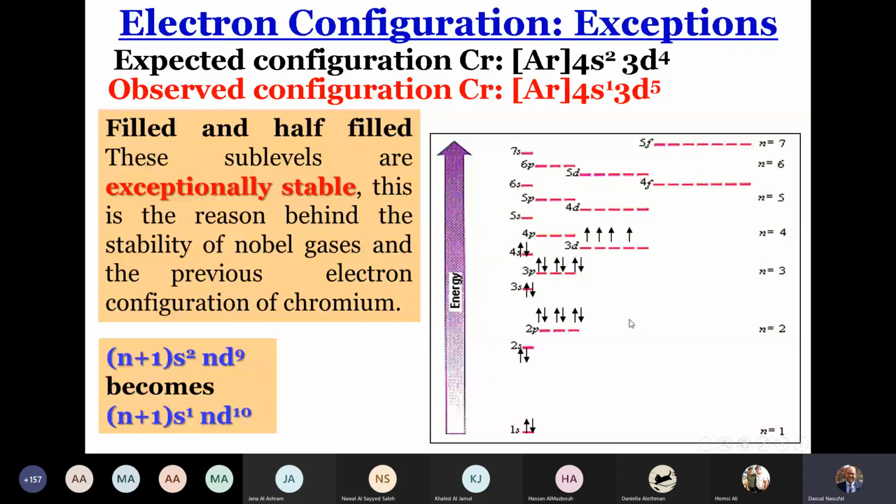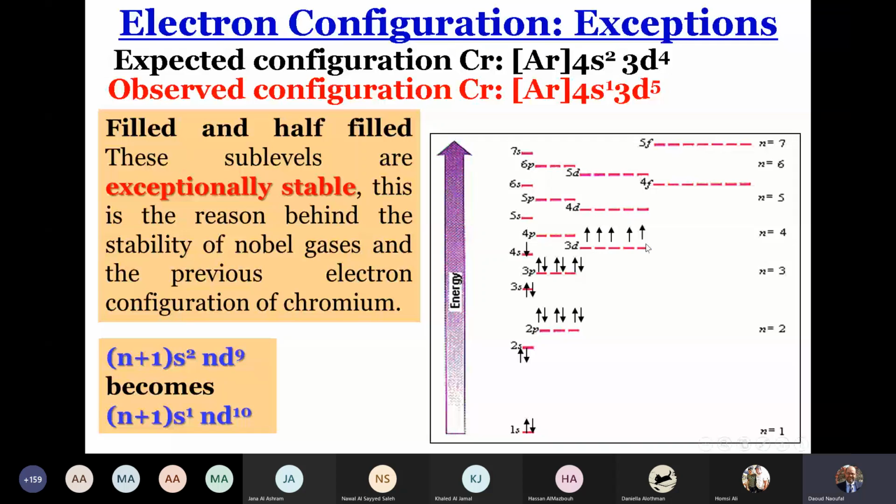As we will observe in the figure, we have 1s2, 2s2, 2p6, 3s2, 3p6, 4s2, 3d4. So this is filled. One electron from 4s will pass to 3d. And pay attention that in the case of an orbital filled with one electron, the electrons should have the same spin.